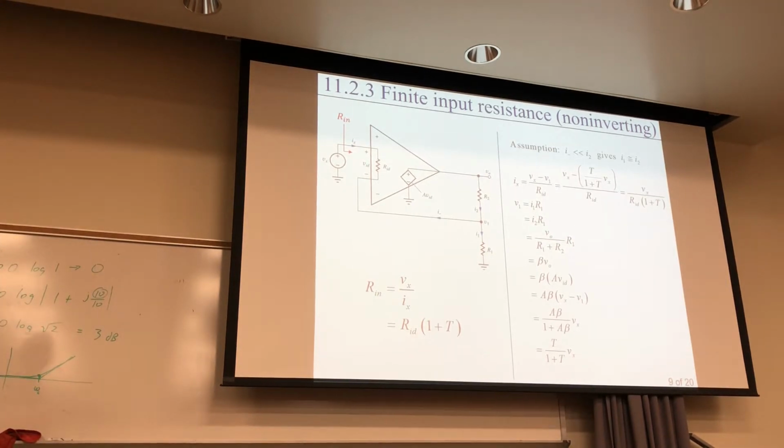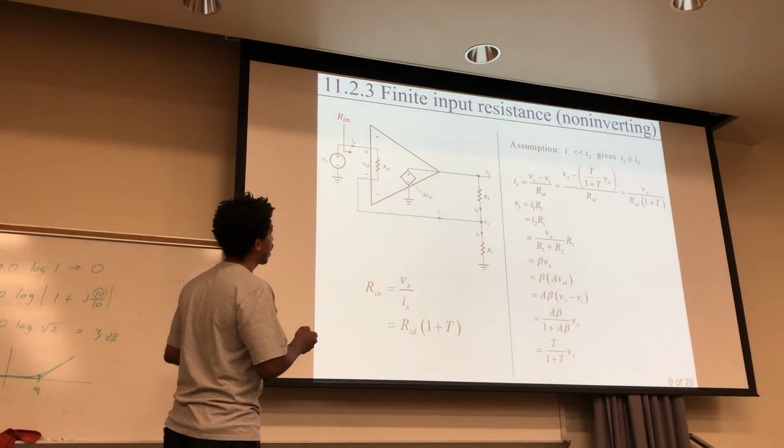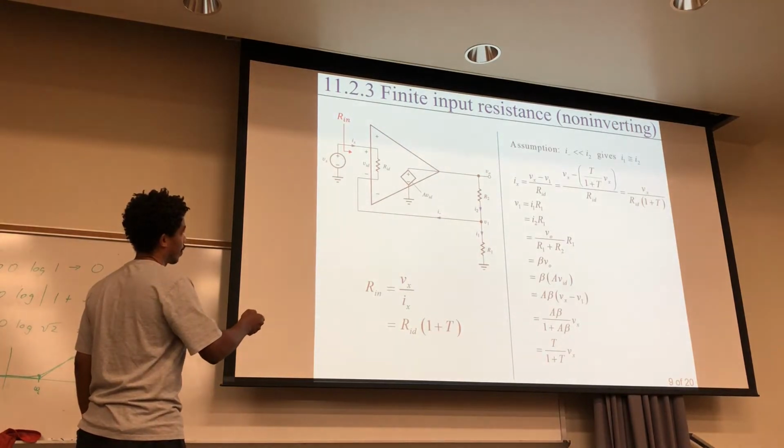Okay, so in this case, we're going to assume that this I negative is much, much less than I2, and that means that I1 is about equal to I2 going in this direction. Because very little bit of this I2 is going off in that direction.